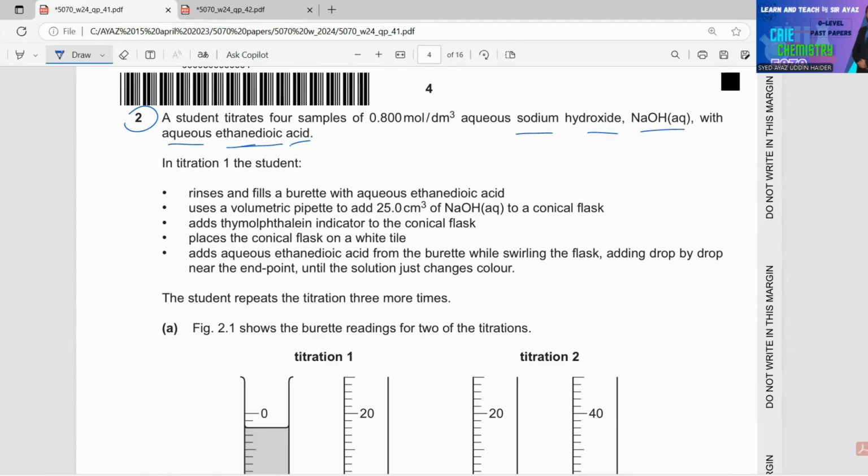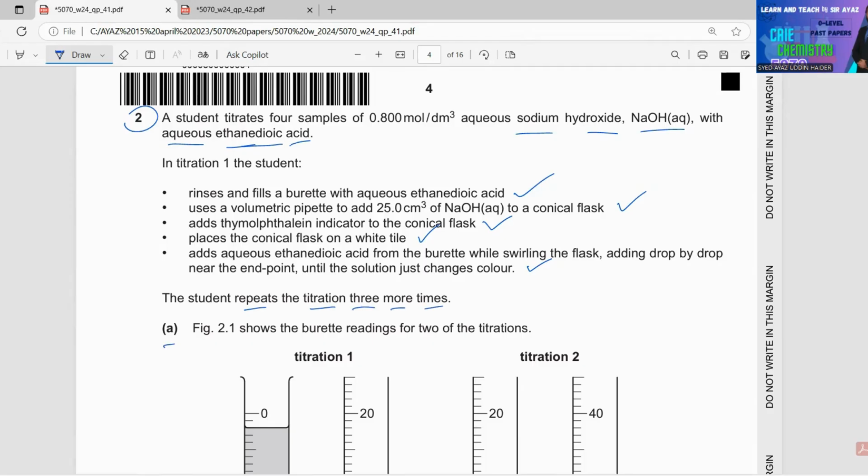In titration 1, the student rinses and fills a burette with aqueous ethanedioic acid, uses a volumetric pipette to add 25 cm cubed of NaOH to a conical flask, adds thymolphthalein indicator to the conical flask, places the conical flask on a white tile, adds aqueous ethanedioic acid from the burette while swirling the flask, adding drop by drop near the end point until the solution just changes color. The student repeats the titration 3 more times.